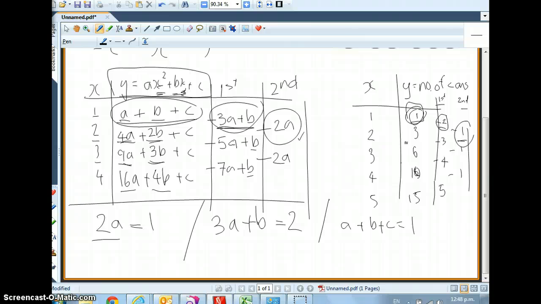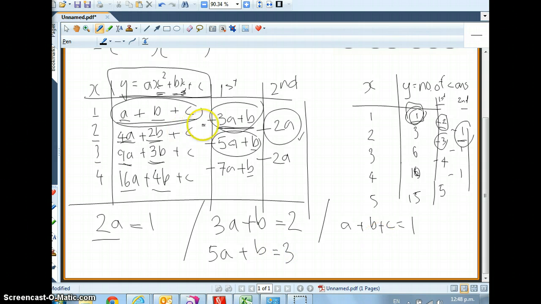Now, just so you can see how this works, you could equally do the second difference, 5a plus b, could equal the second term in the first difference, equal to 3.